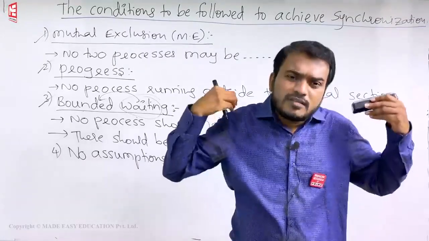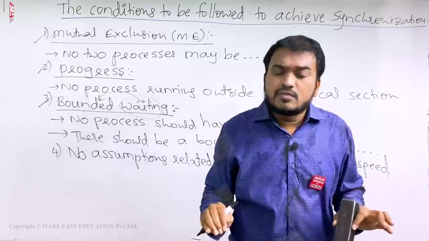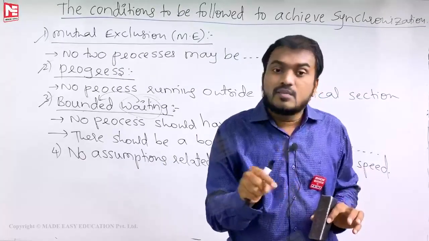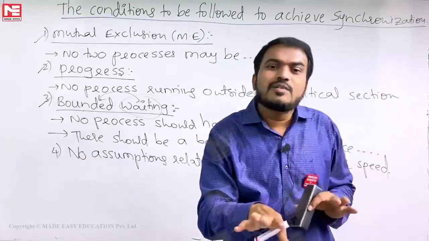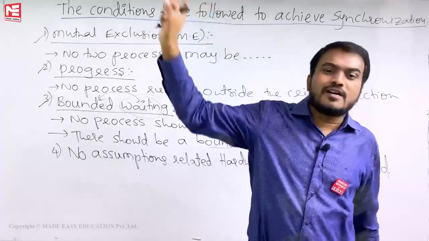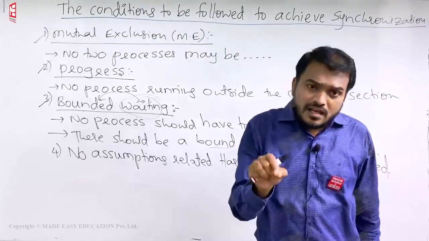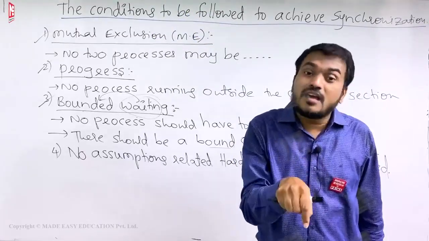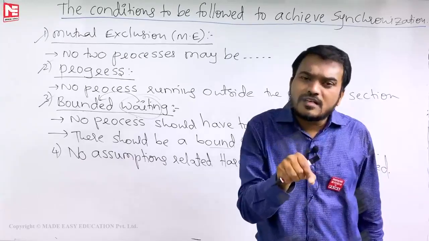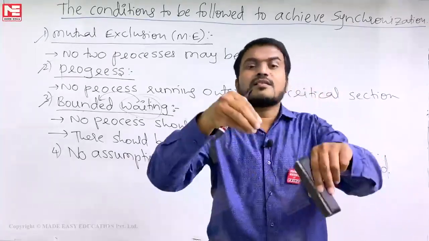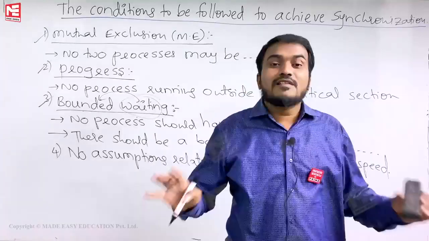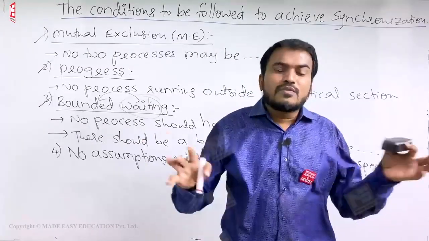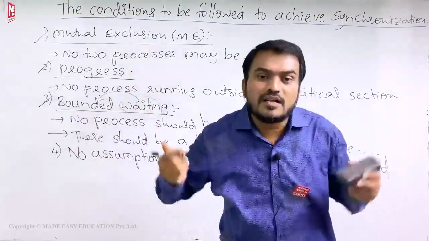Whichever way you try, if only one process is going into the critical section, then you say mutual exclusion is satisfied. If you find a single case in which two processes are going into the critical section at the same time, then mutual exclusion is not satisfied.